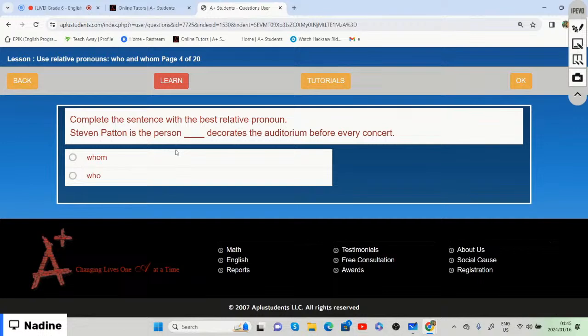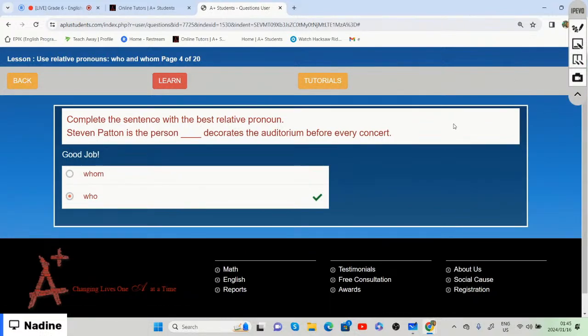Stephen Patton is the person who decorates the auditorium before every concert. And who is correct.